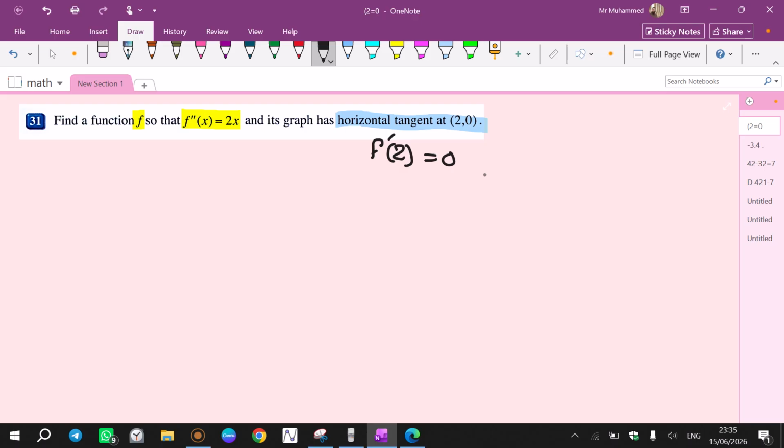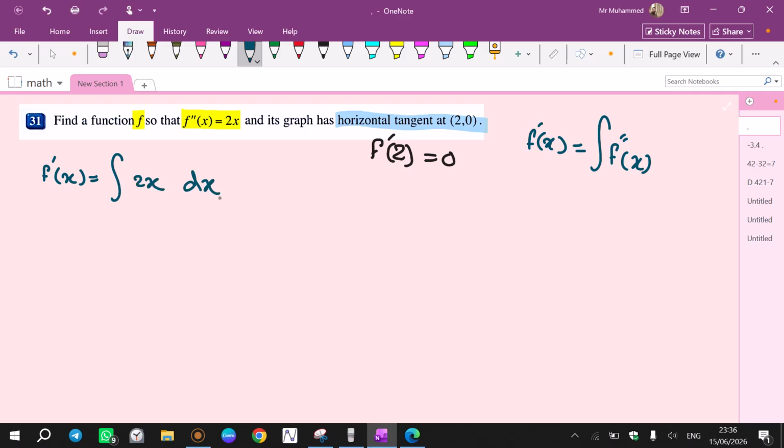I'm going to use this to find the value of c in the first derivative, which I get by taking integral of the second derivative. First derivative is equal to integral of the second derivative. Now let's practically find it. Now f prime x equal to integral 2x dx.